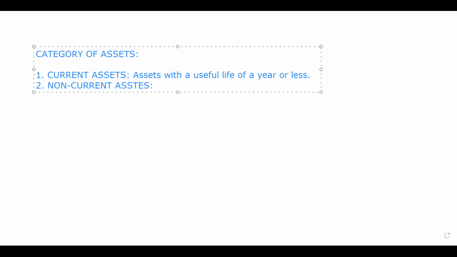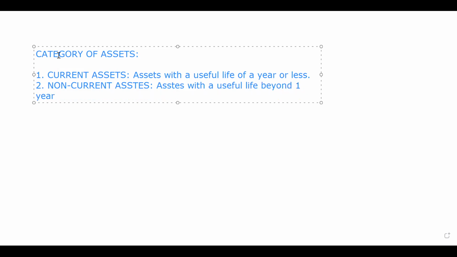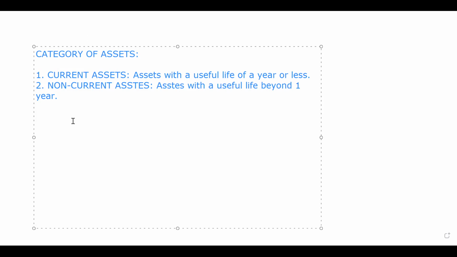So these are assets with a useful life beyond 1 year. Am I making sense? Right. So you're familiar with this. Now, let's try to break down and give examples of these things because it's important.